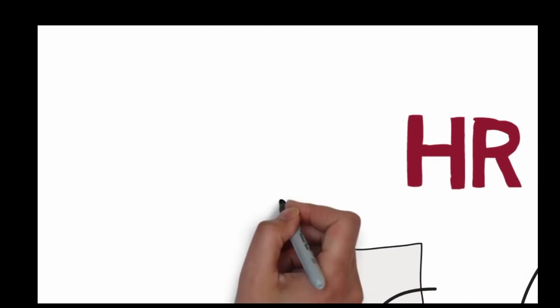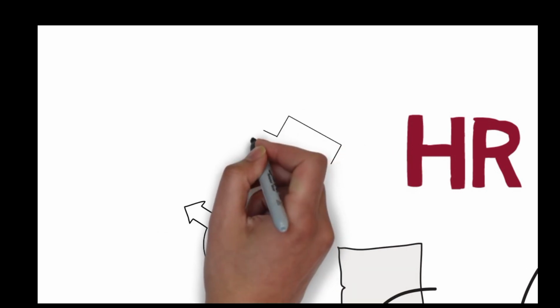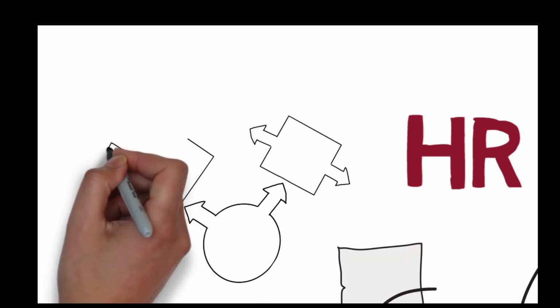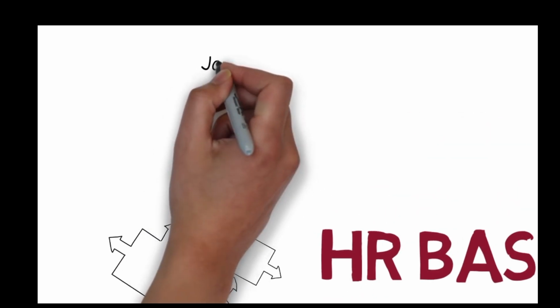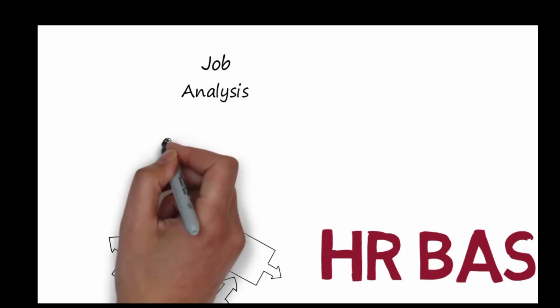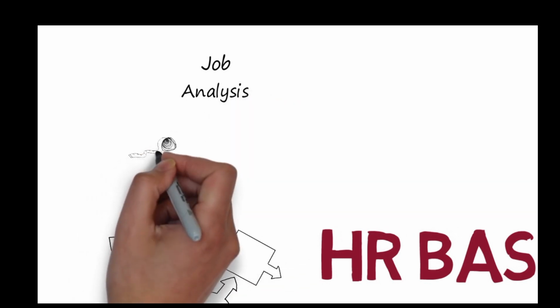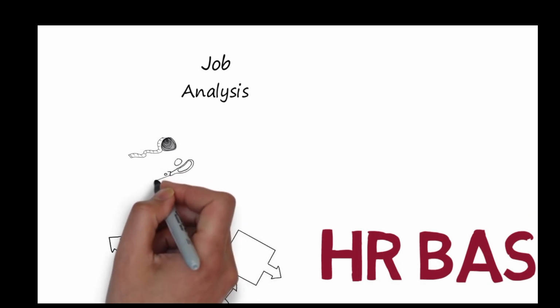The first HR task is to figure out what work needs to be done and how to break this work into effective jobs. So we can start with a workflow analysis to determine the business processes that need to be completed. Then HR does a job analysis to figure out how to construct jobs to complete these required business processes. Suppose there are some production tasks like measuring and cutting.